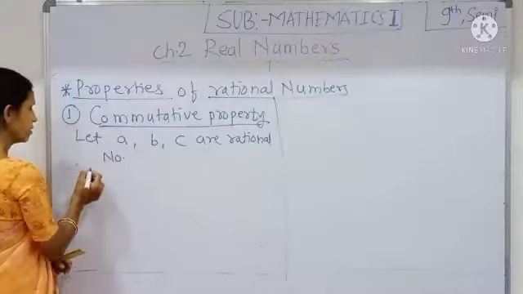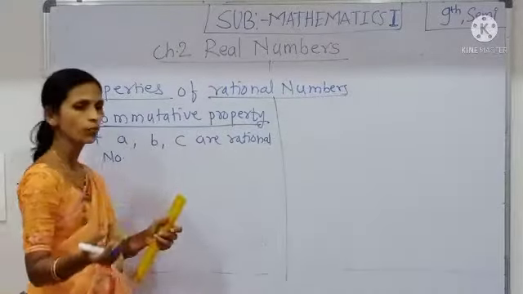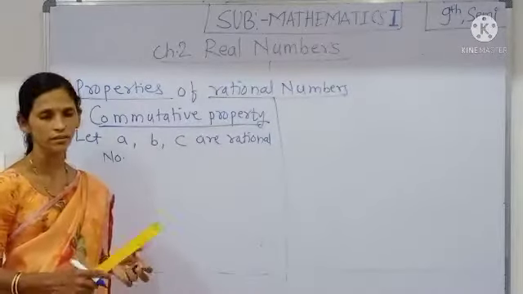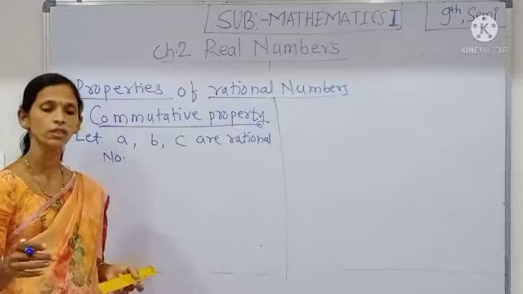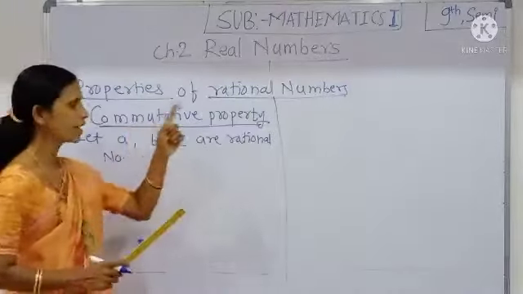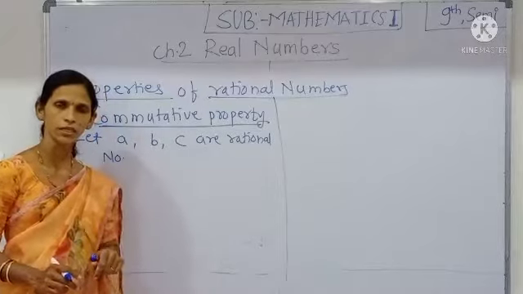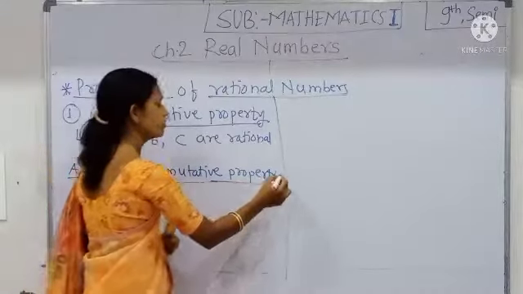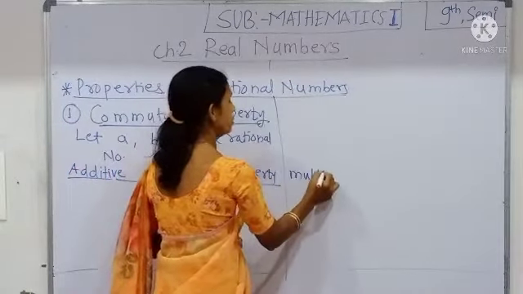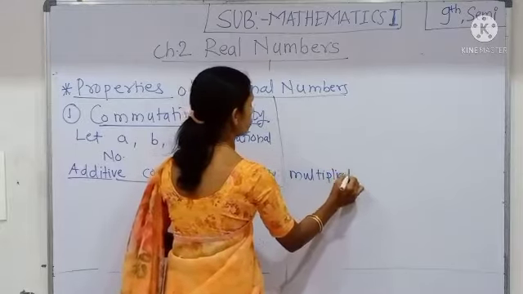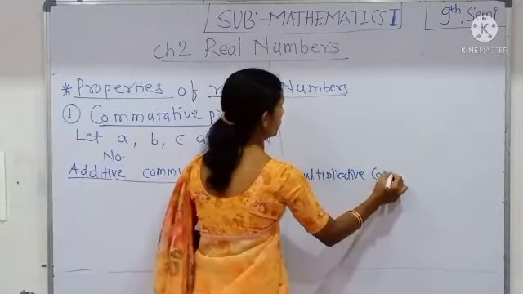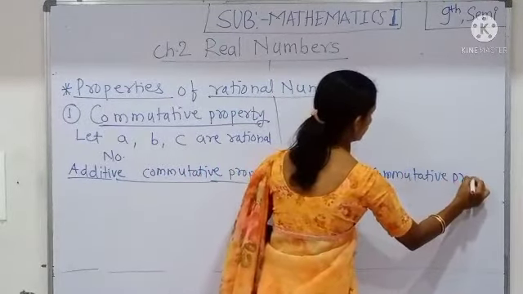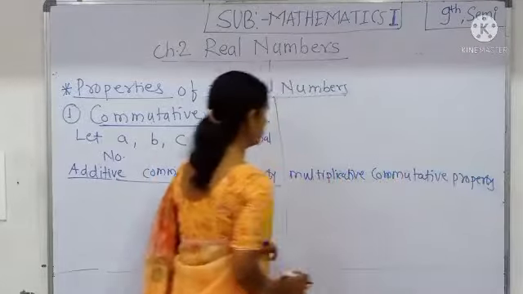See here, we can write the commutative property according to the addition or according to the multiplication of those rational numbers. That means here additive commutative property as well as multiplicative commutative property.